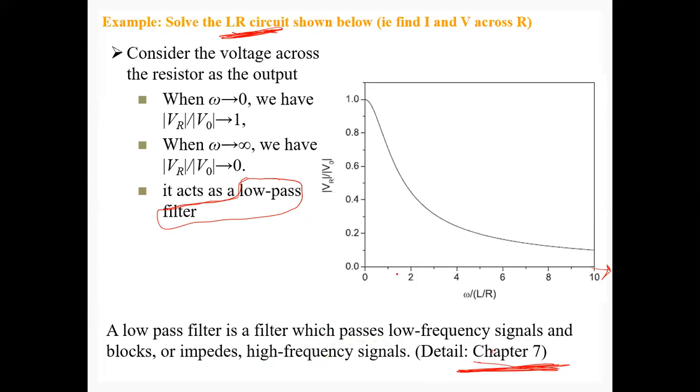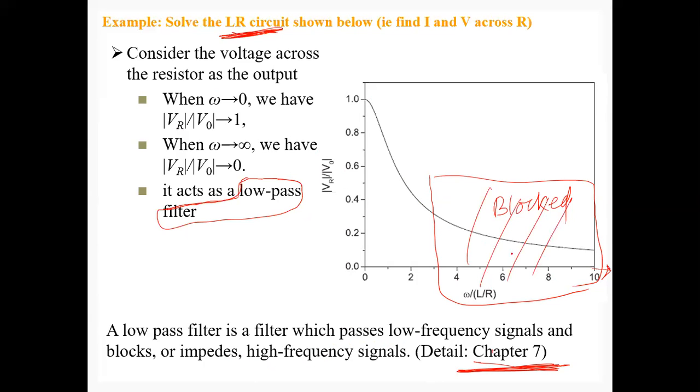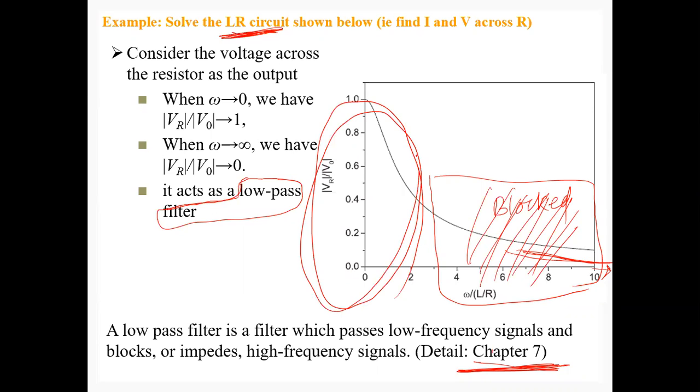See, the higher frequencies are blocked. It's almost 0 in this area, and 0 means blocked. It only shows the lower frequency region. So it shows just something and blocks the other thing. What is that called?